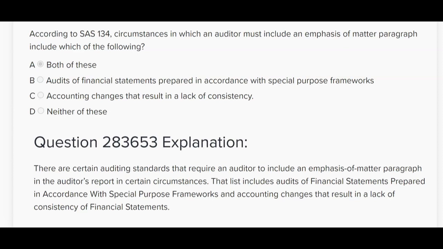It's implied in an auditor's report that the accounting principles used are applied consistently from period to period. And when that doesn't happen because you have accounting changes, then you have to mention it in the report. And that will be done by using an emphasis of matter paragraph. So the answer is both of these would require an emphasis of matter paragraph.